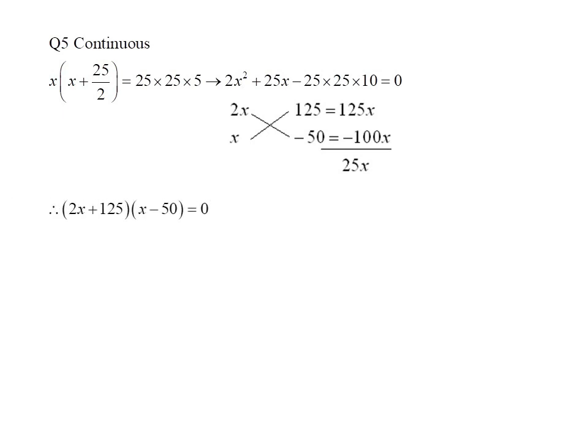So after the factor law is applied, two roots are obtained. One is negative 25 over 2, the other is 50. Since there's no negative speed in this case, the solution for the question is that the bus usual average speed is 50 km per hour.